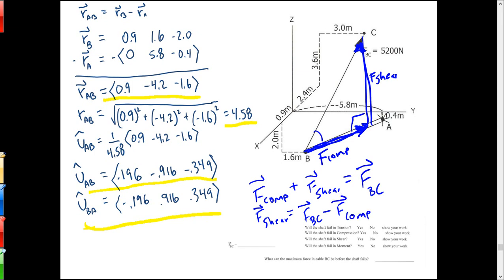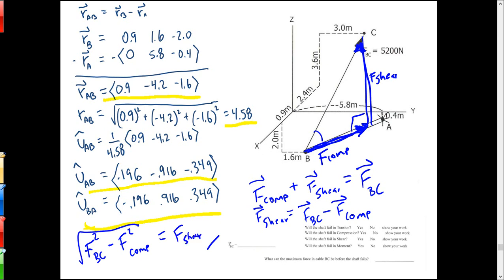That will get you a vector answer. Now if all you want is a magnitude, you can just use the Theorem of Pythagoras. So what I would do here is take FBC, square it, take away F compression squared, take a square root, and then that'll get you the shear magnitude.